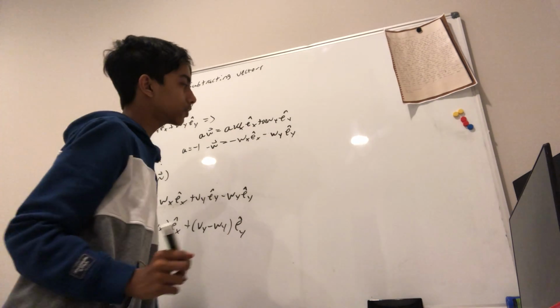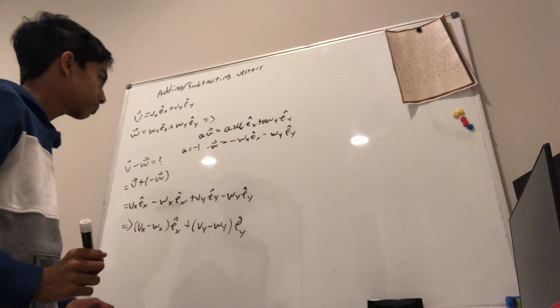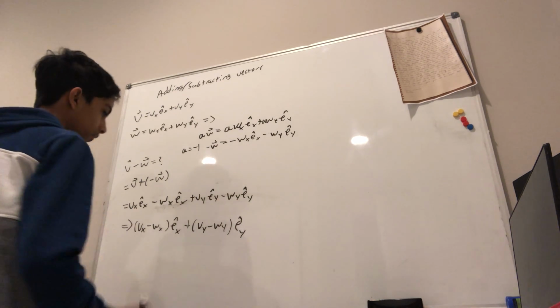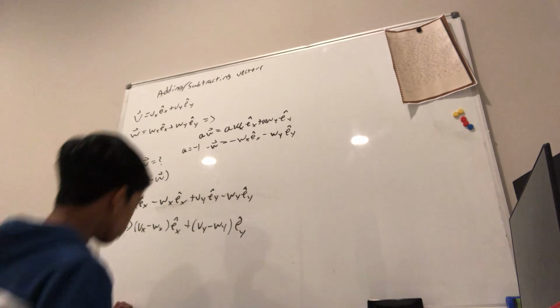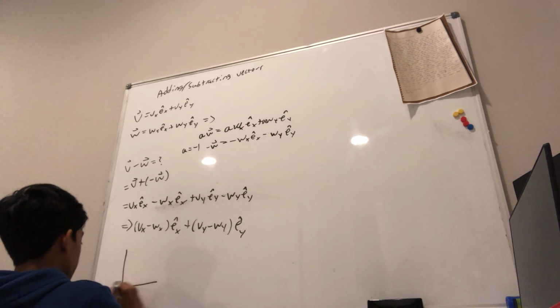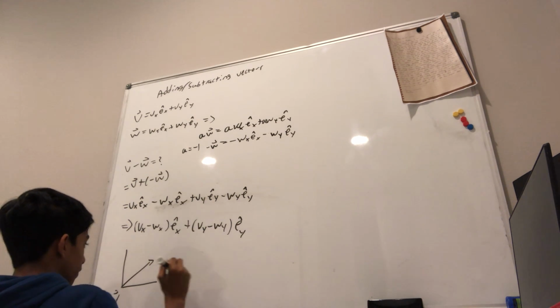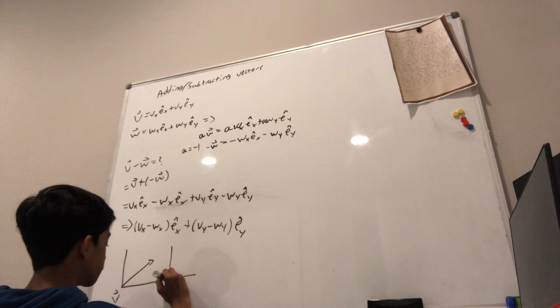So it's pretty much the exact same logic to be applied. And then this would just be the new vector. And then you could also, let's do adding them graphically again. So vector v is this, and then vector w is this.